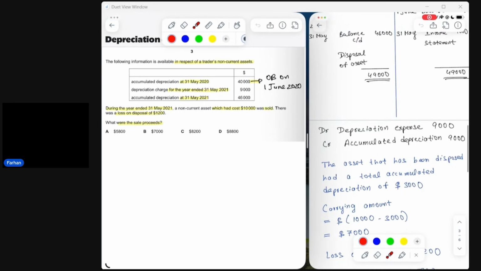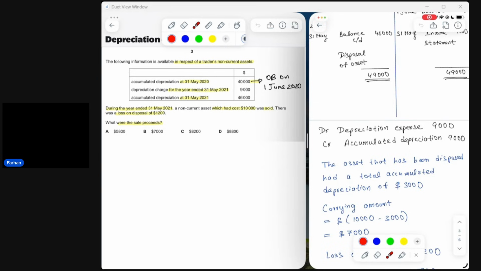How do we journalize every time depreciation expense is incurred? We debit the depreciation expense account because by default all expenses incurred are debited. We debit the depreciation expense account by $9,000 and we credit the accumulated depreciation account by $9,000, which validates the discussion we had before regarding the collective amounts for depreciation since the date the asset was purchased being gathered and stored in the accumulated depreciation account.